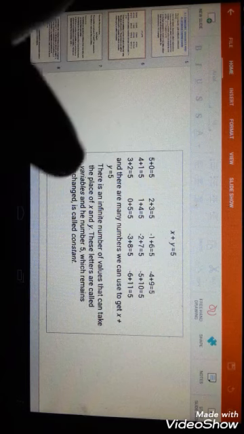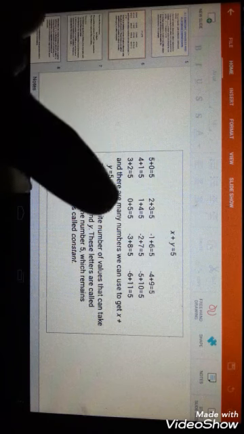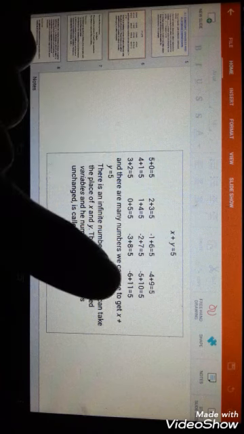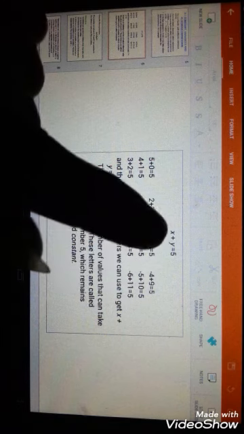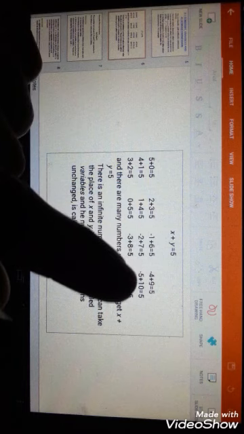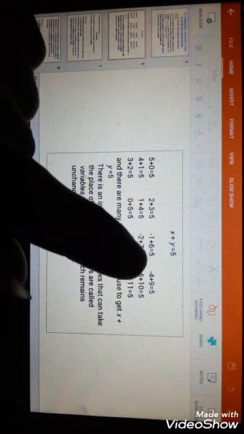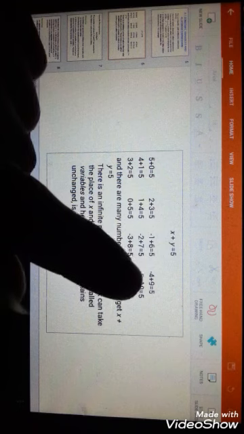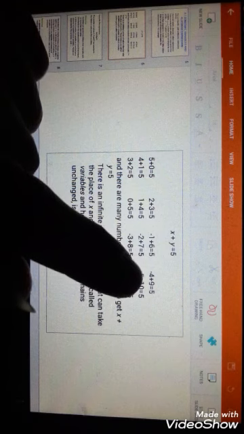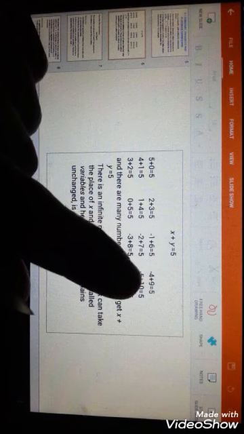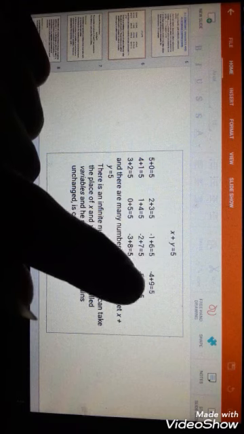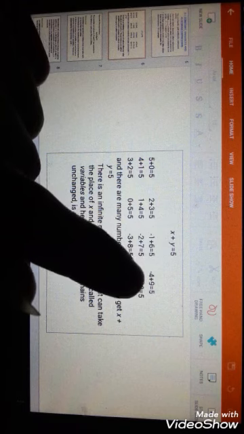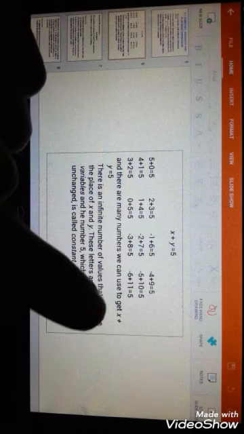So we can get it from positive numbers and also from negative numbers, like negative 4 plus 9 is equal to 5. Since negative 4 is less than positive 9, we get the sign of the larger number, which is positive.